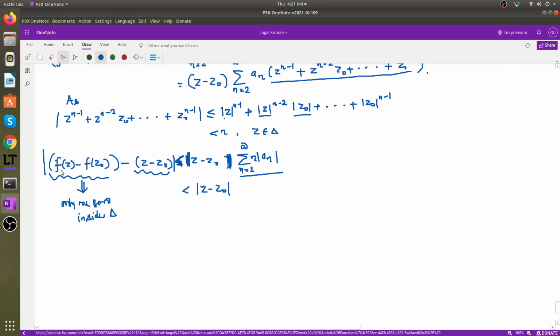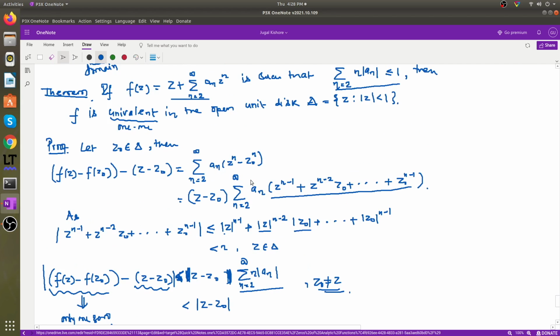And if it has only one zero, it means f is one-one. Here we should take z naught not equal to z. So we can find a criterion of univalency by using Rouche's theorem.